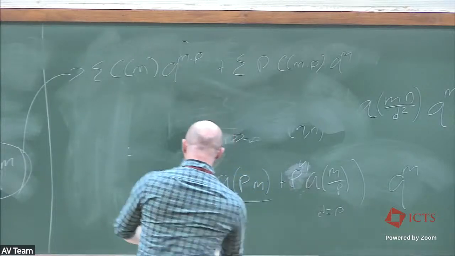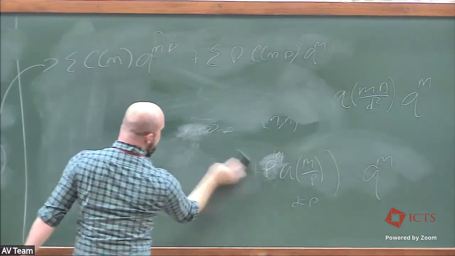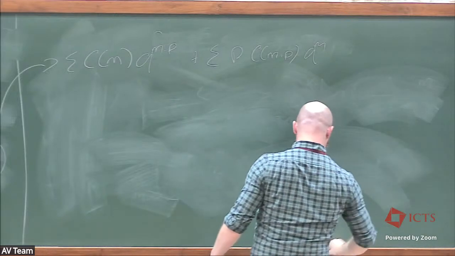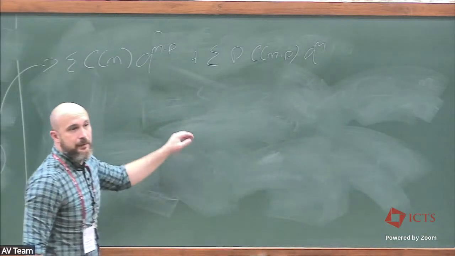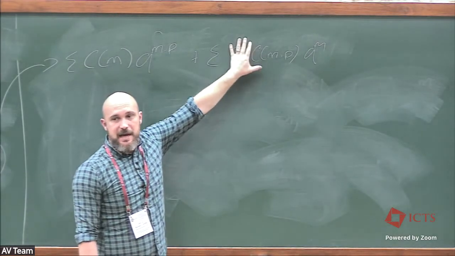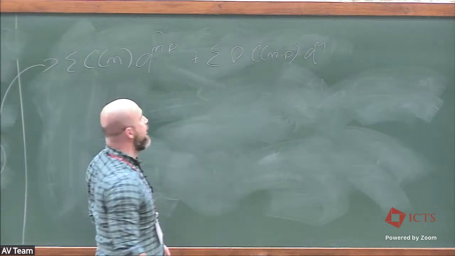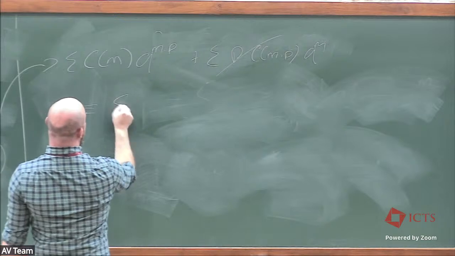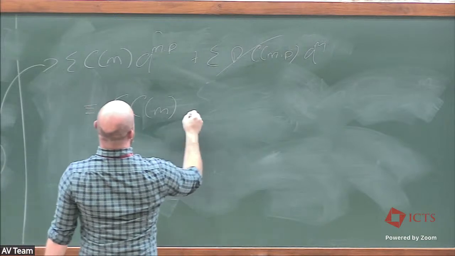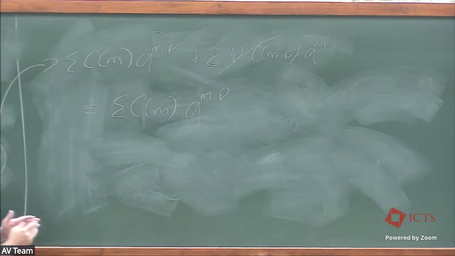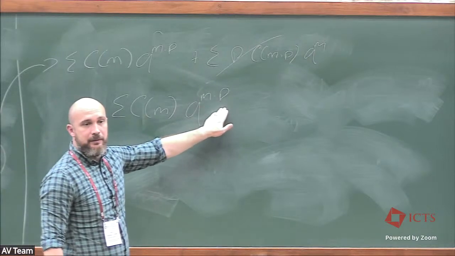Now, if I want to look at a congruence mod p, what's the first thing that you notice? This entire series here, those coefficients are all integers, so this entire series vanishes mod p. So this entire thing is congruent to the sum of c_m q to the mp, the sum where we've taken the coefficients of this j function and expanded them outward.